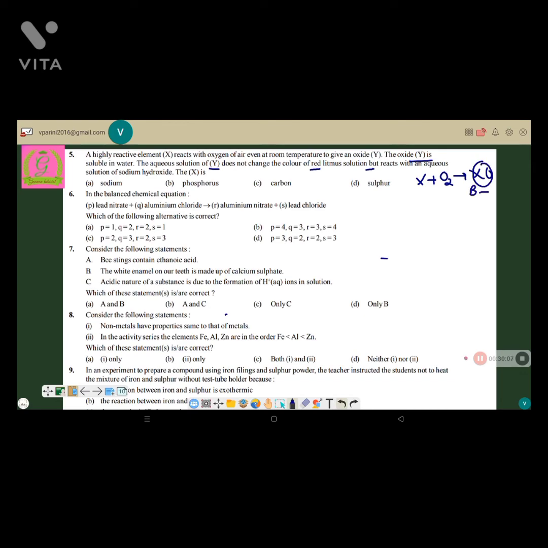Basic in nature means it turns red litmus paper blue, but this does not affect red litmus paper. It reacts with aqueous solution of sodium hydroxide. That means, what is that oxide? NaOH is basic, no? Whenever a base reacts with an oxide, that oxide should be acidic in nature, so that oxide is carbon dioxide. Okay, that is how it reacts.